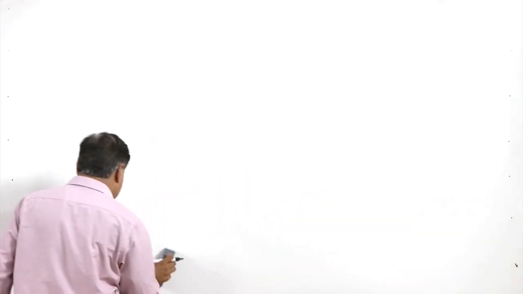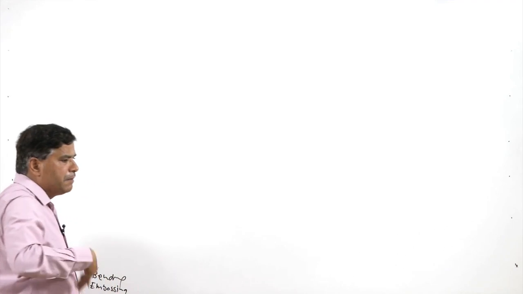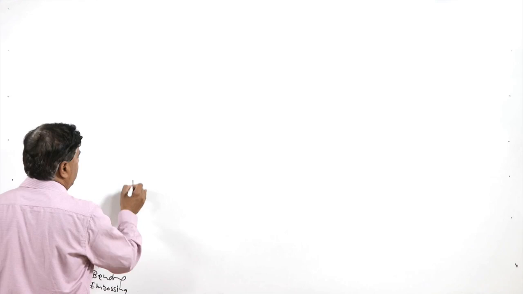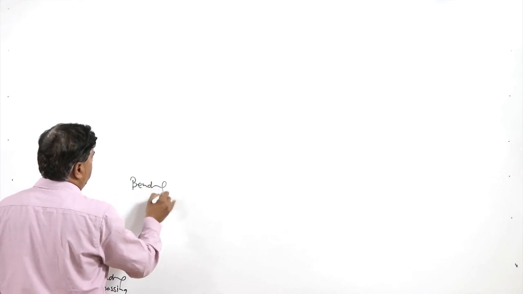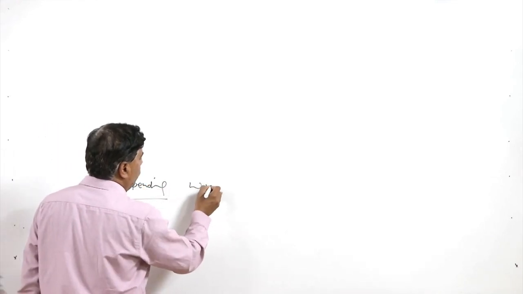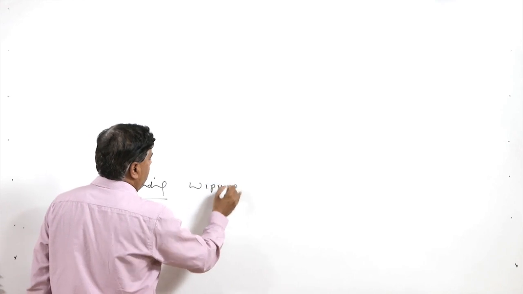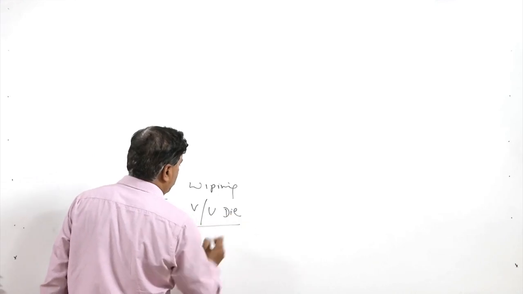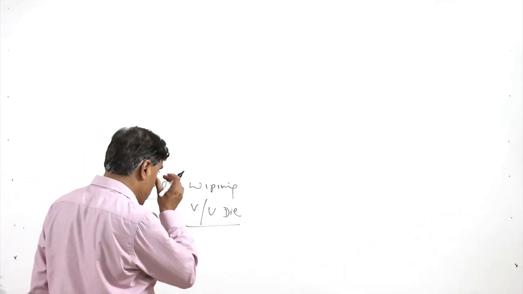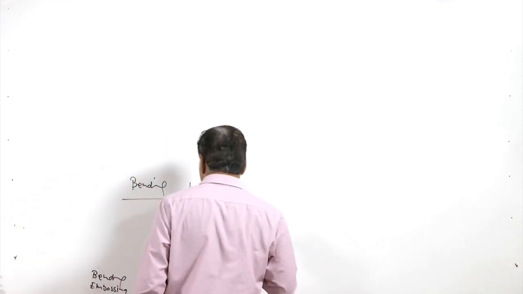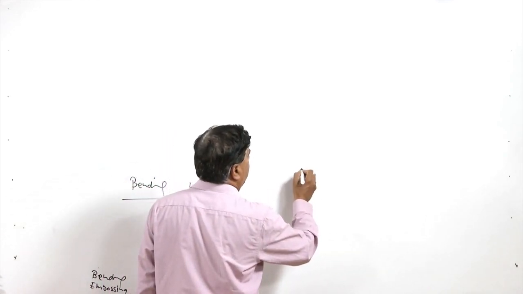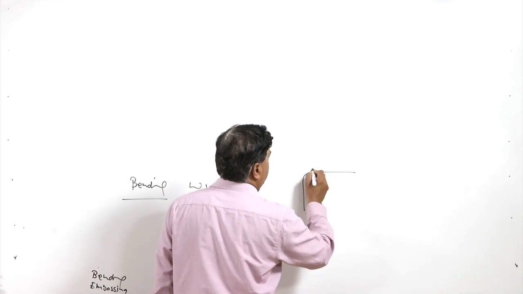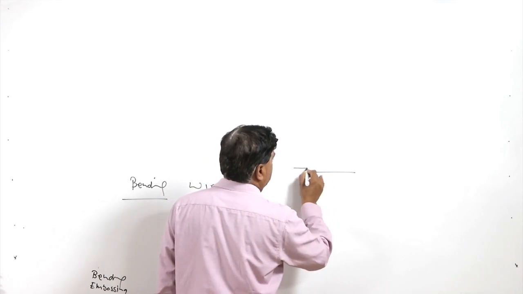So, the bending of sheet metal is used in a number of ways to give the desired shape to the sheet metals. The typical bending operations are wiping, and V and U shape productions using dies. What wiping involves basically: this is the die, and here we have the sheet metal.